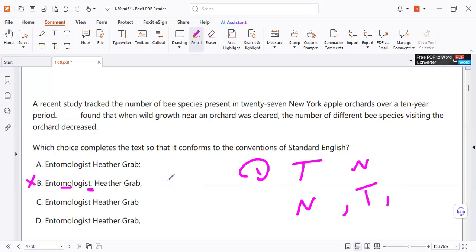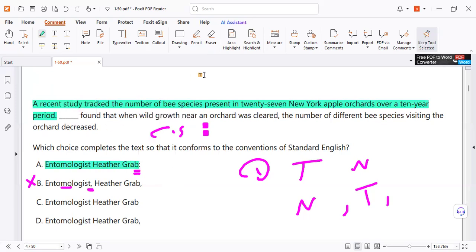Follow the rules again. Before colon, it must be a sentence. Check from the beginning to the end. Always, Omar, follow the rules. This part, sentence or fragment? The highlighted part, that is the information before colon.